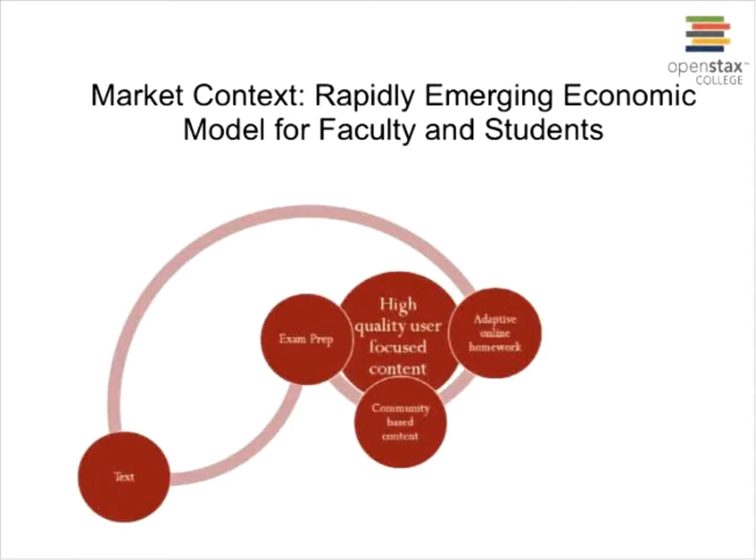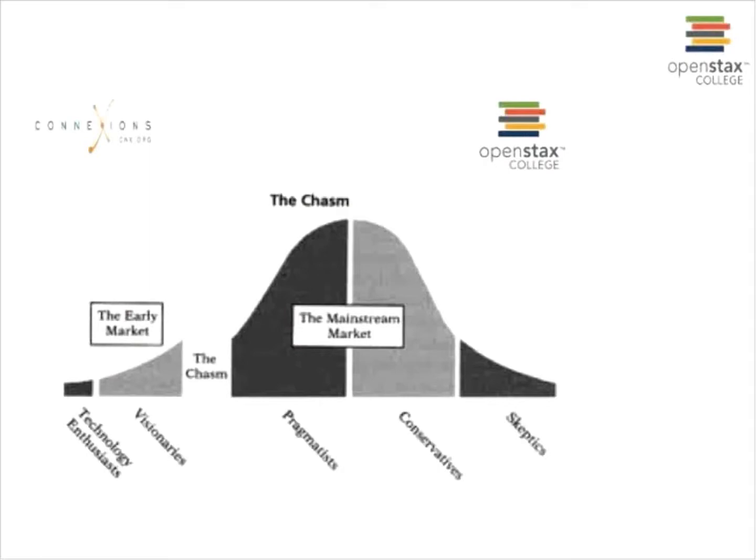But that is now beginning to change, and we're really moving into an era of what I would call high-quality, user-focused content, in which there might be adaptive online homework pieces, community-based content will be brought in, and then exam prep to get the students ready for high-stakes assessment. And this is really beginning to change the landscape.